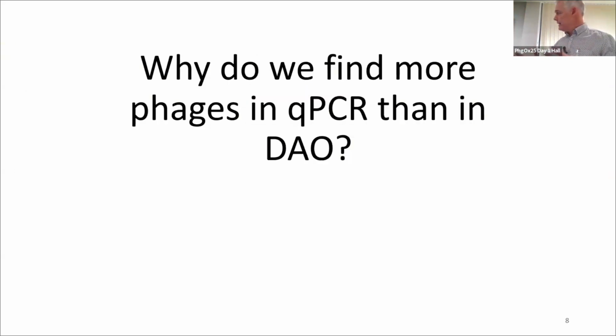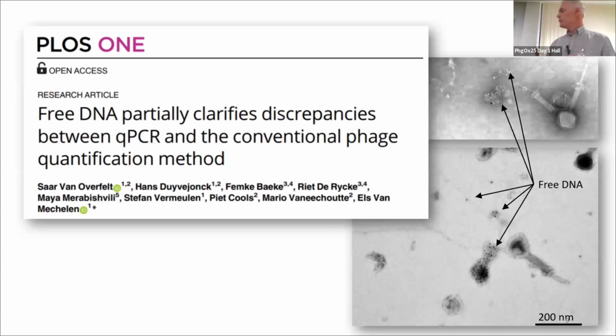So why did we find more phages in qPCR than in DAO? In essence, if you do qPCR, you count molecules. And in DAO, you count infective phages. So we could solve that. The DNA found outside of the phages, colored with antibodies which have a gold particle, could be found outside of the phages, and these are results with electron microscopy.